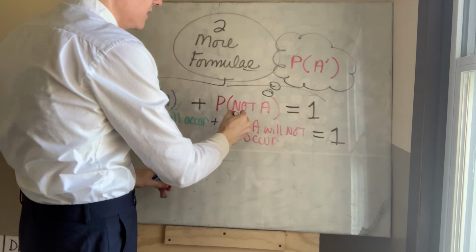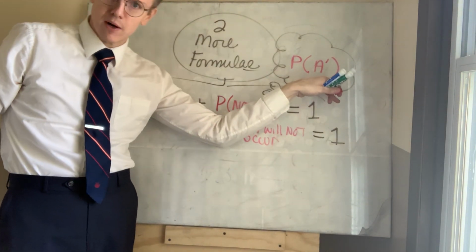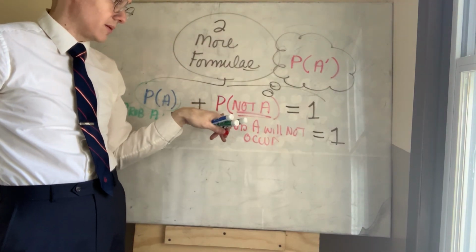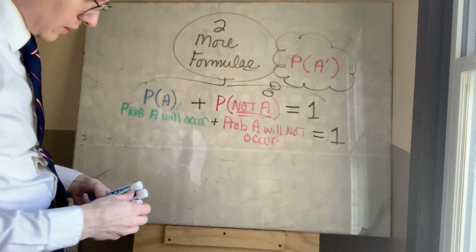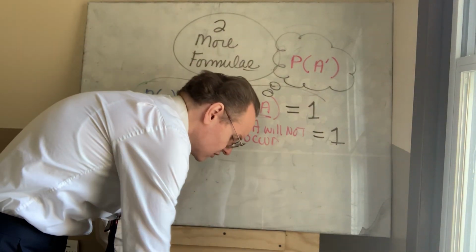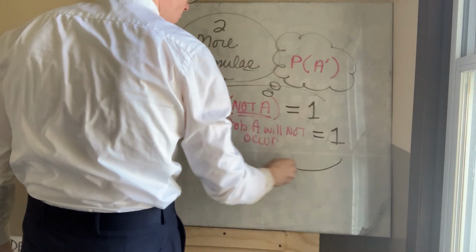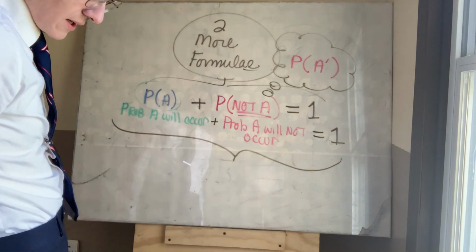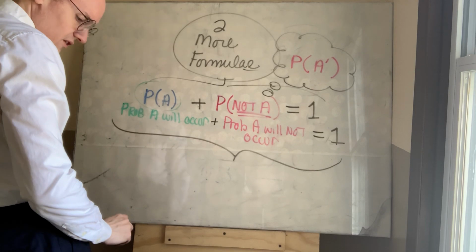So if you see something like this, the probability of A prime, it means the probability A will not occur. It means probability of not A. If you take this formula and you rearrange the parts algebraically, you get something that is possibly more practical, which is this.